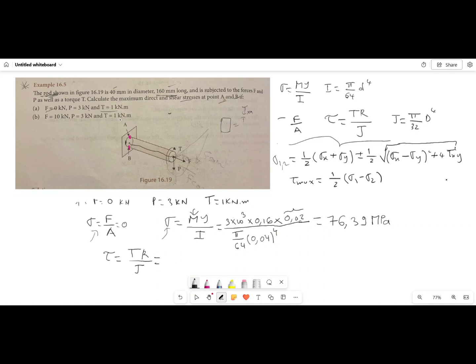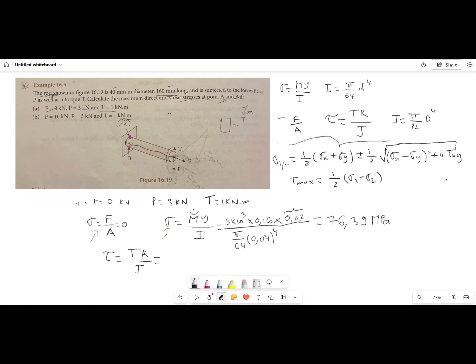Guys, okay, I think something is coming to my mind now. What does the unit tell you here? Check the unit of torque: kilonewton meter. It's force times distance.